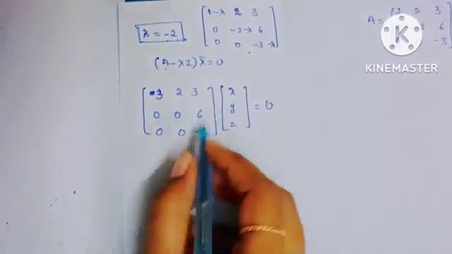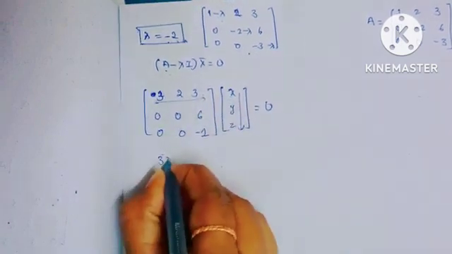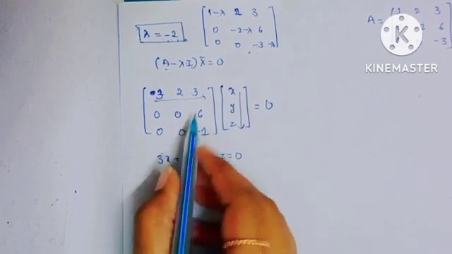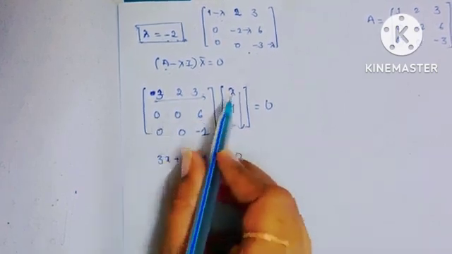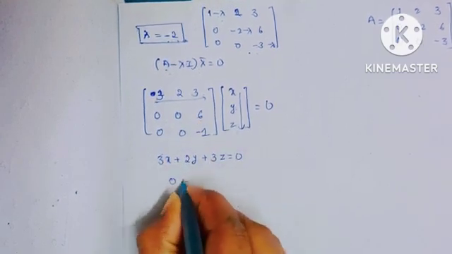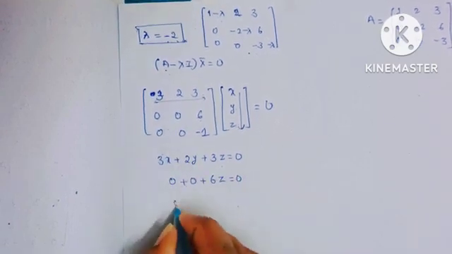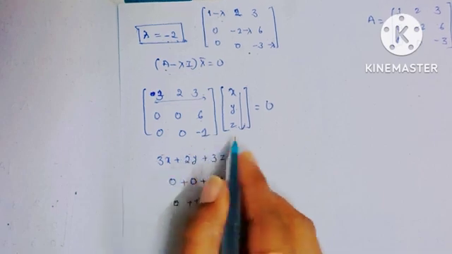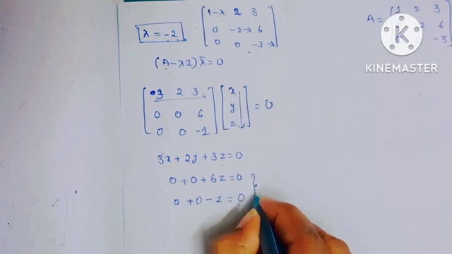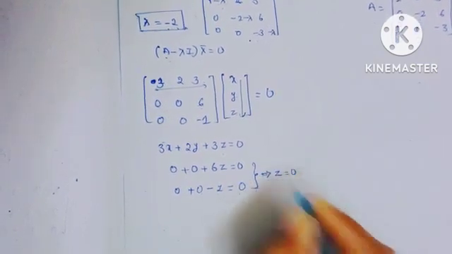From here we can write 3x plus 2y plus 3z equal to 0. From this equation, 0 into x plus 0 into y plus 6z, so 0 plus 0 plus 6z equal to 0. Here also 0 into x, 0 into y, minus z equal to 0. From these two equations we can conclude that z is equal to 0.